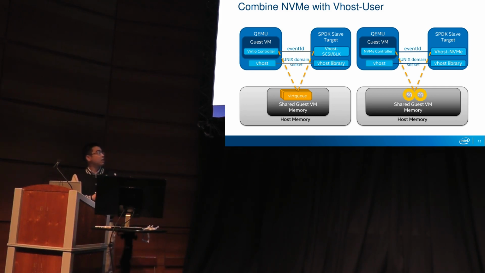And the second is that, as we can see in the left diagram, for virtio vhost acceleration we share the virtio queues. The difference is that for NVMe virtualization, we share the NVMe submission queues and completion queues. So it is slightly different.